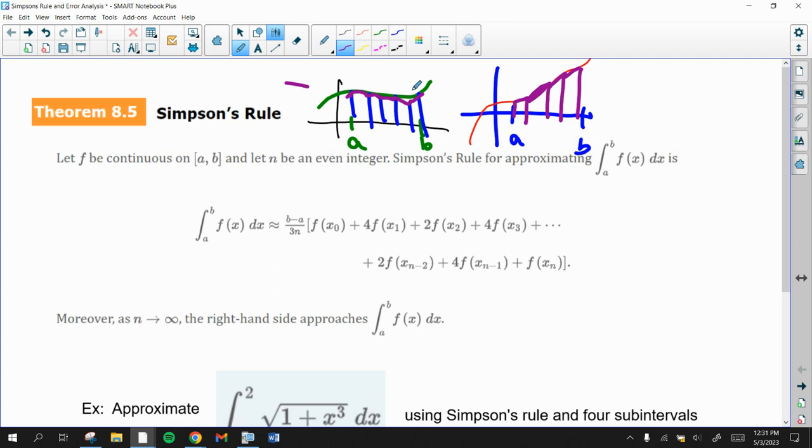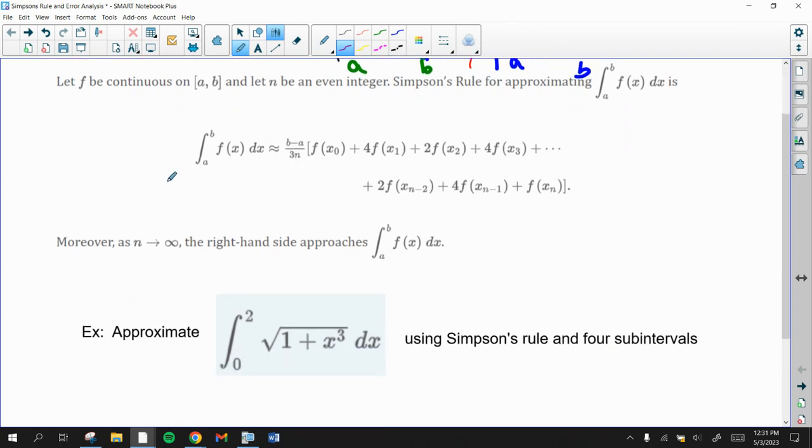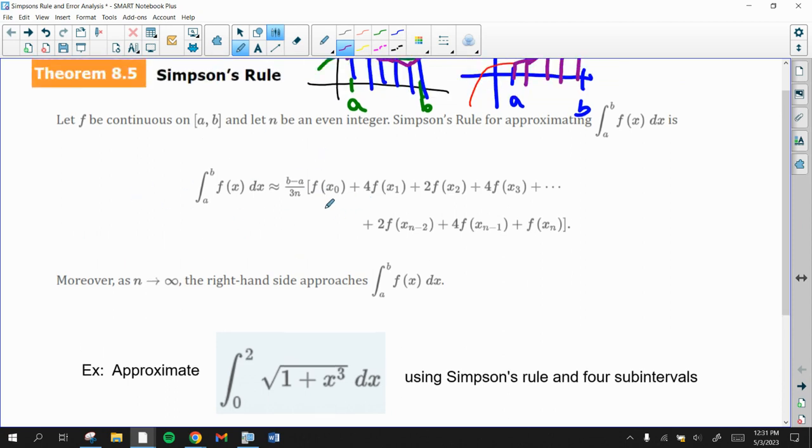So without going into how it's derived, here is Simpson's rule. A few things you should notice about this is it's just a single constant times the values of the function at each subinterval. But notice the coefficients. For the first one, x sub 0, the one on the left, it's 1.